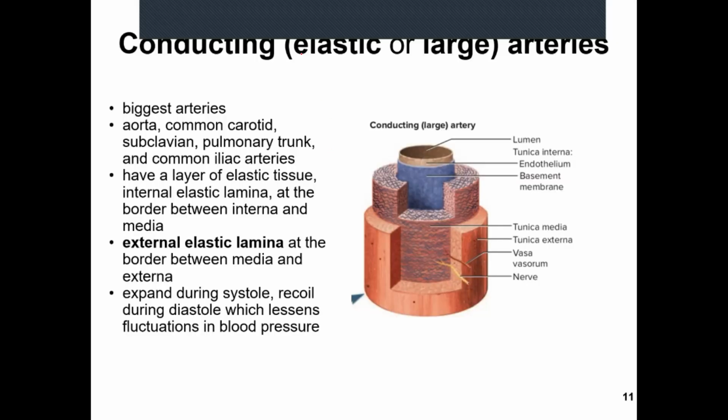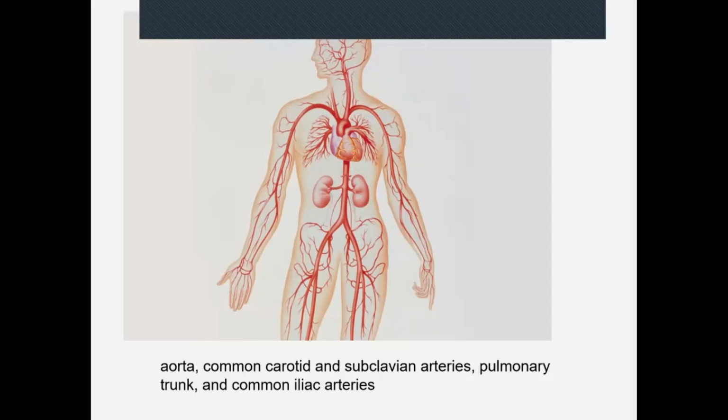And here, conducting, and here you see tunica media, where is it? It has a layer of elastic tissue, internal elastic lamina and external elastic lamina. This is the middle tunica media, very strong because of the pressure of the heart.